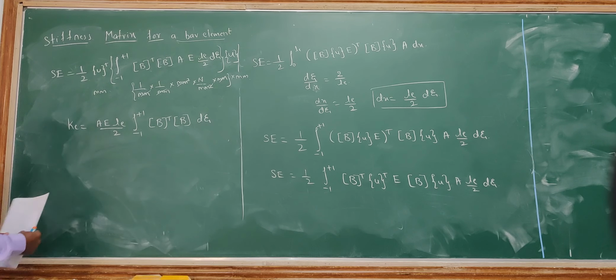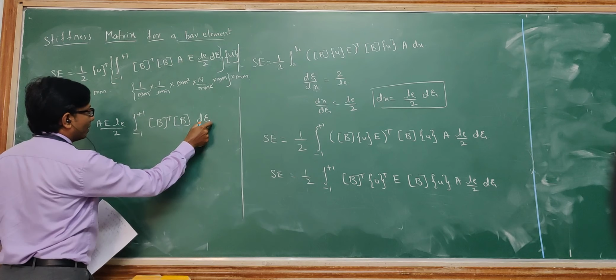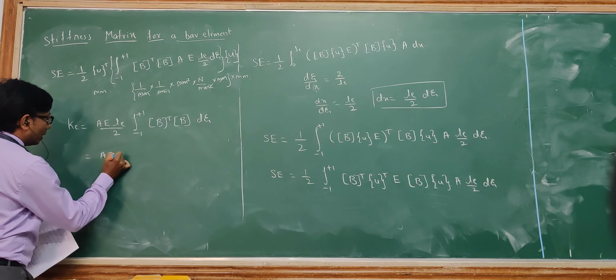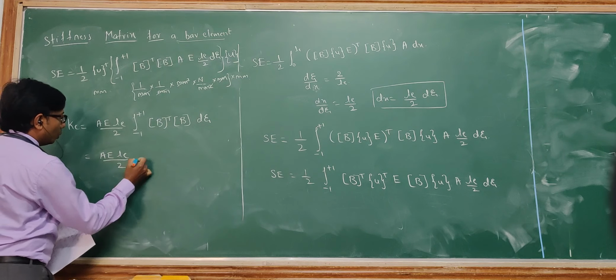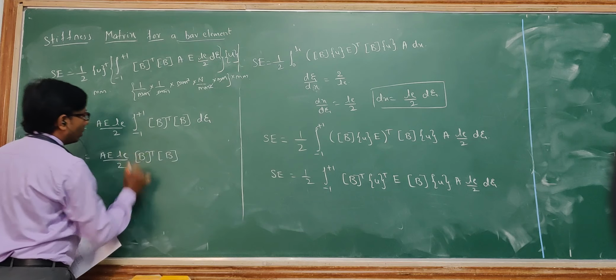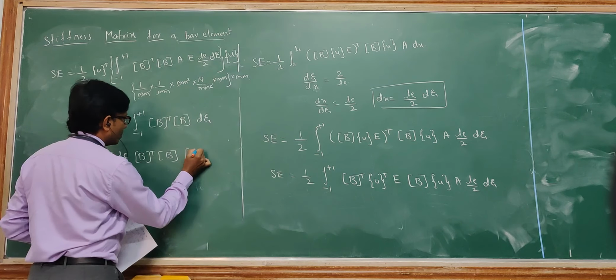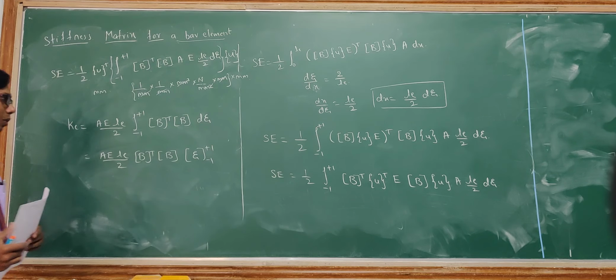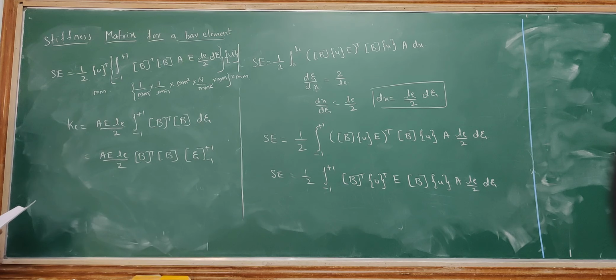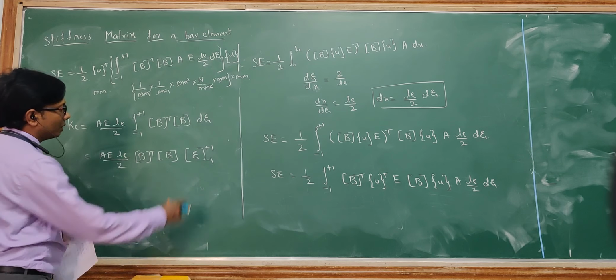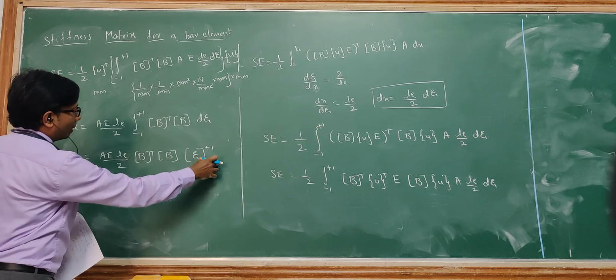The only parameter is zeta, which is to be integrated. So AE LE by 2, B transpose into B. What is the integration of d zeta? It becomes zeta from -1 to +1. The integration becomes 1 minus of -1, which is 2.